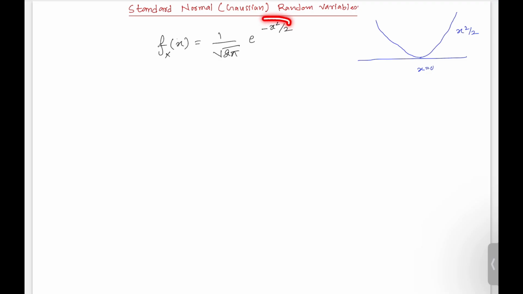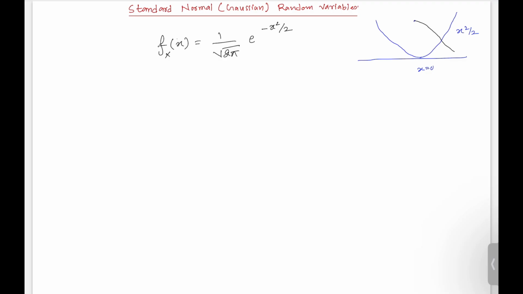Since it is a negative exponential, the whole expression will be maximum when the exponent term is at its minimum value, and that is when x is 0. Then x square will be 0, and this expression will be 1, right? And it is an exponent, so from here it will start decaying, right?